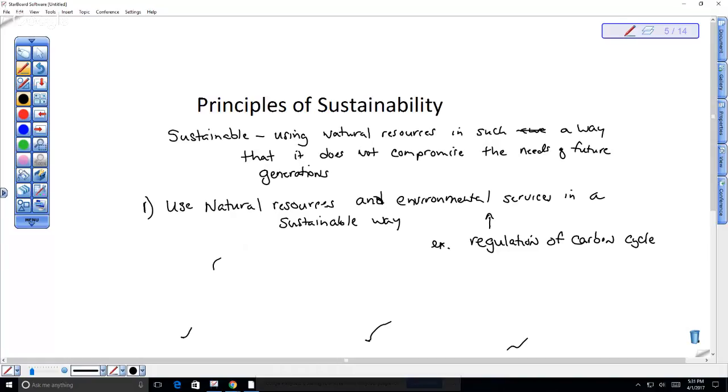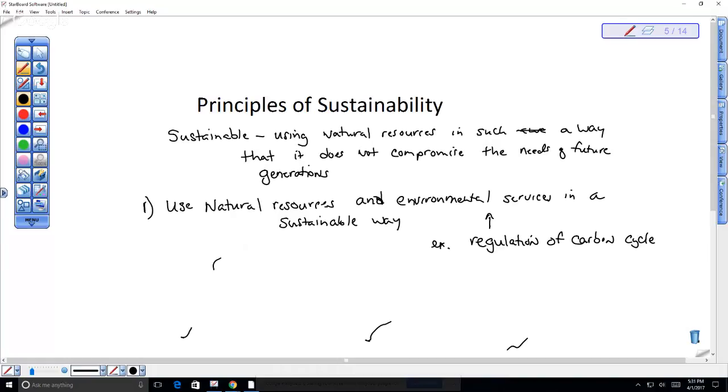What we want to do is make sure the carbon we produce can then be taken out of the atmosphere. We'll talk more about this when we talk about photosynthesis and cellular respiration, but I breathe out carbon dioxide and then the plants take it up. But if I breathe out too much carbon dioxide, so that the plants cannot take it back up and it cannot recycle, then that is not a sustainable service, right?